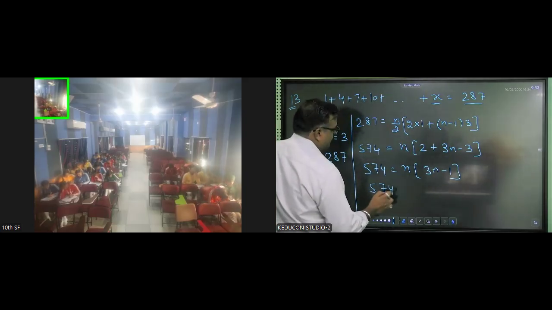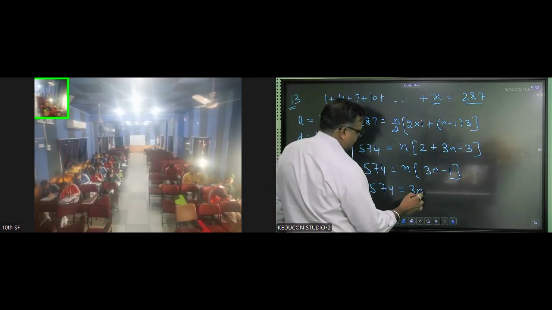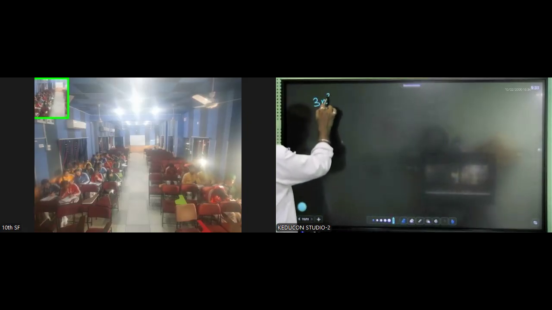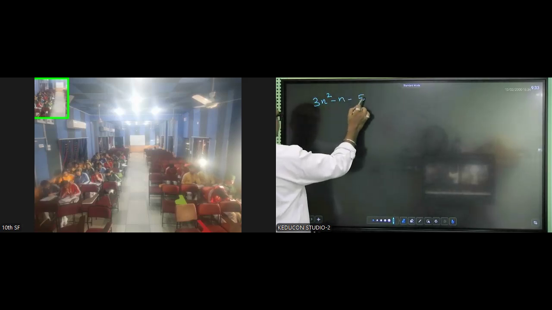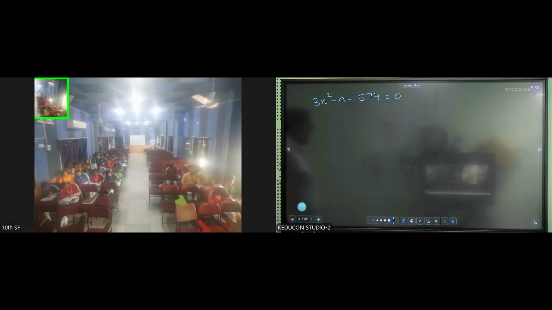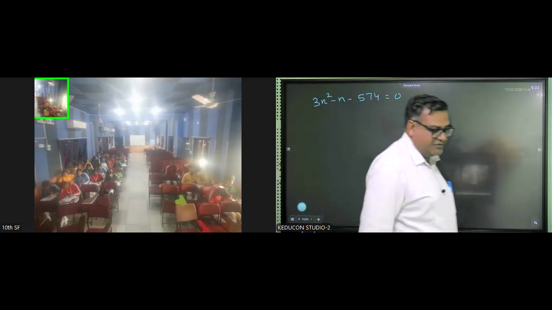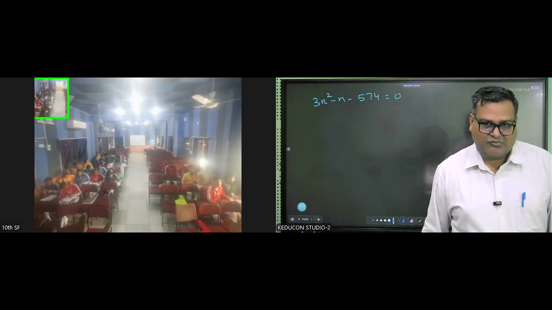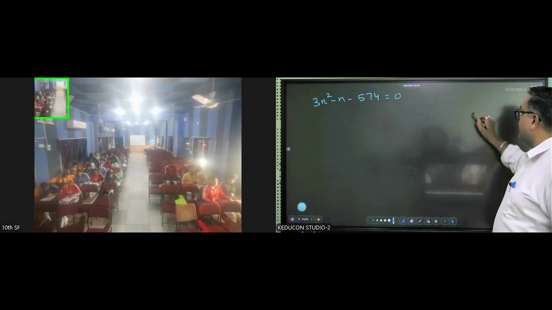So 574 equals 3n square minus n. So 3n square minus n minus 574 equal to 0. Now you have to make the factors, or you can solve this equation by the quadratic formula also.